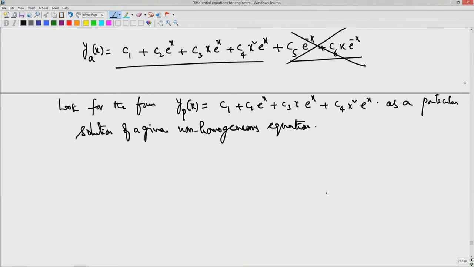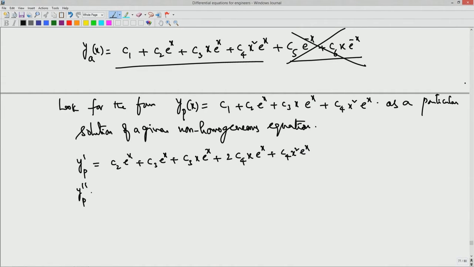So, what you do? You need yp dash and yp double dash. Yp dash is simply, C1 goes to 0, so C2 e power x plus C3 e power x plus C3 x e power x plus 2 C4 x e power x plus C4 x square e power x. So, this is yp dash.